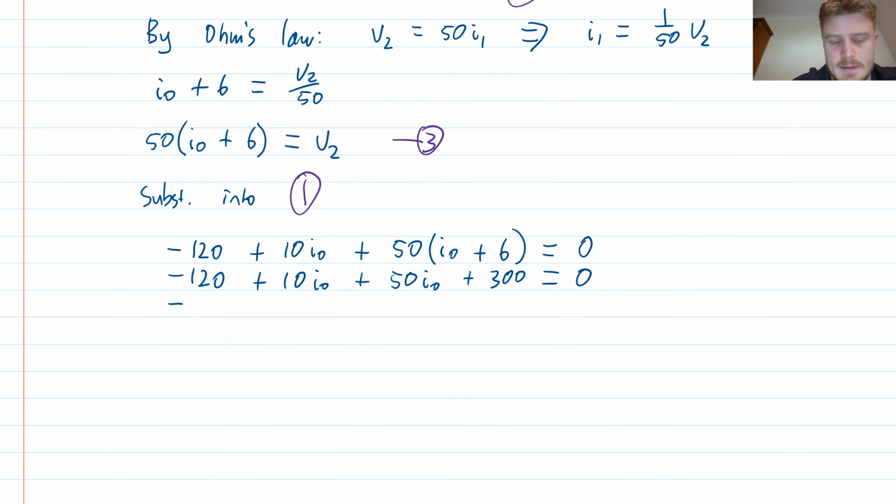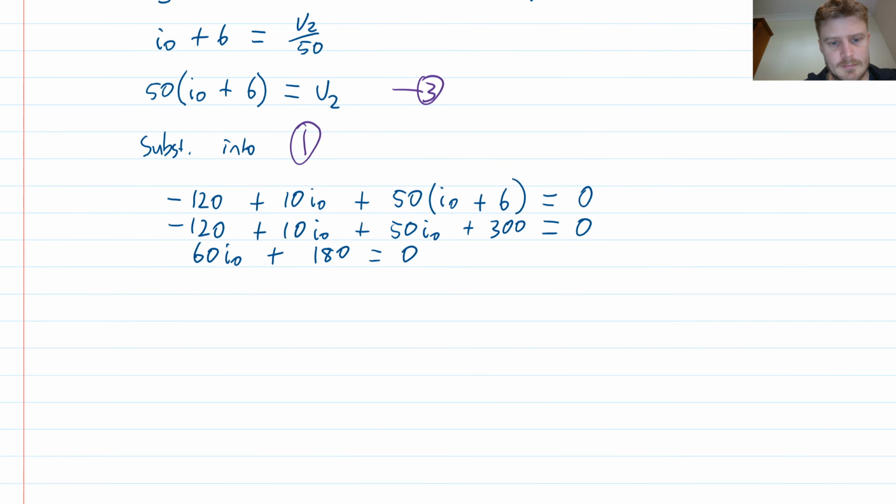Let's bring the I0s together, so I will have 60 I0 plus 180 is equal to 0. I0 will be minus 180 divided by 60, so 18 over 6, which is minus 3 amps of current.